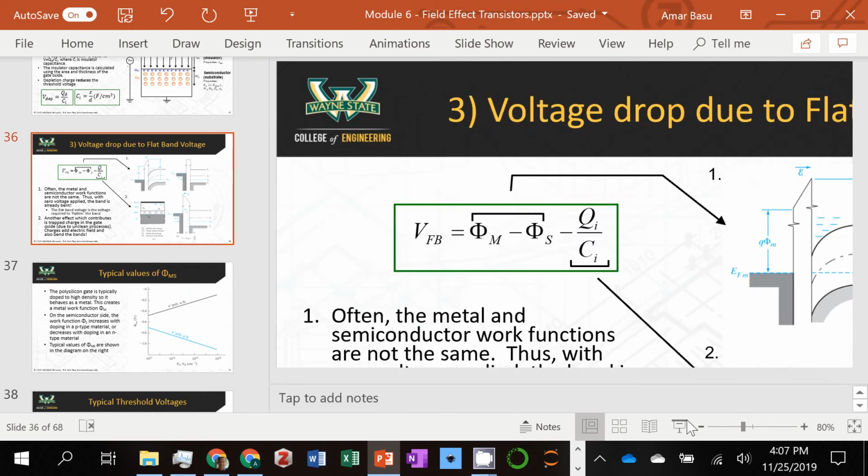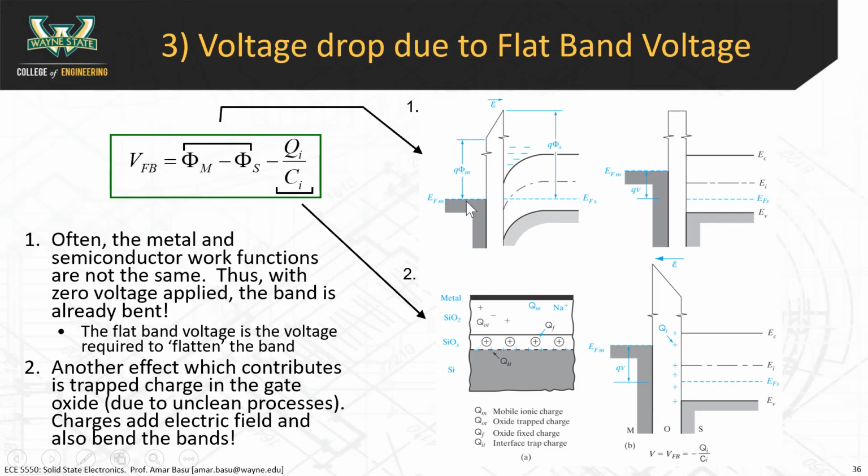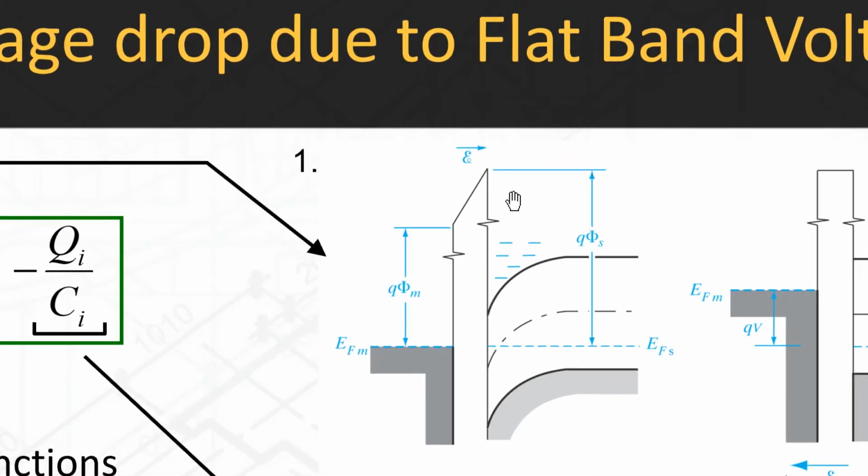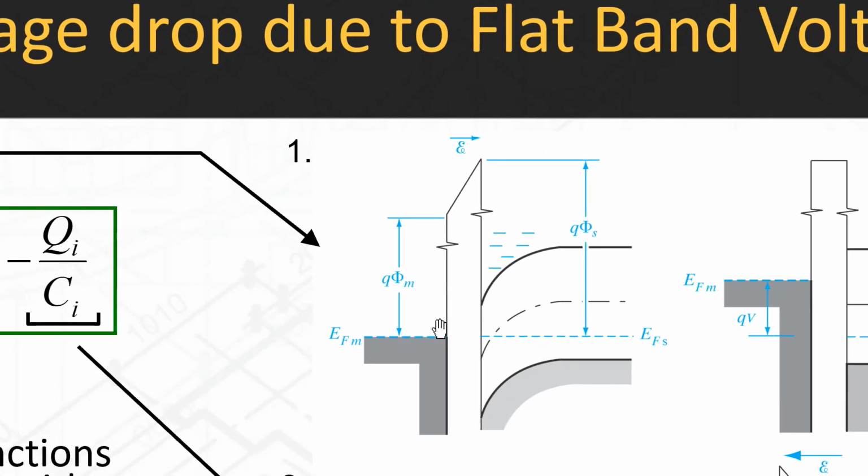All right, so this is what's being shown there. This is one example when phi m and phi s are not equal to each other. In this case, phi m is much less than phi s. You can see that this is the q phi m line, and this is the q phi s line. When you draw the equilibrium band diagram, notice that the Fermi level is going straight across.